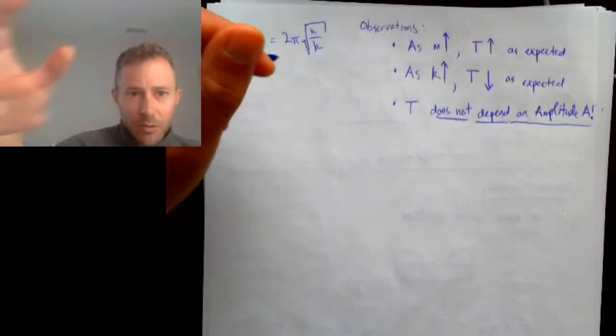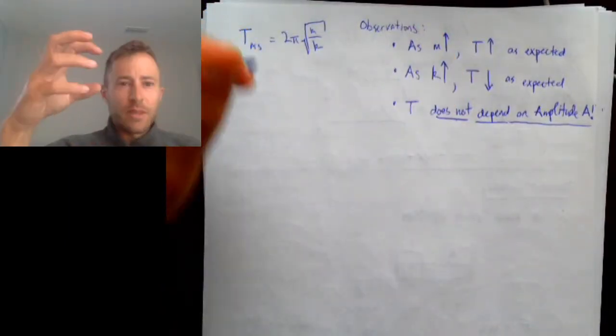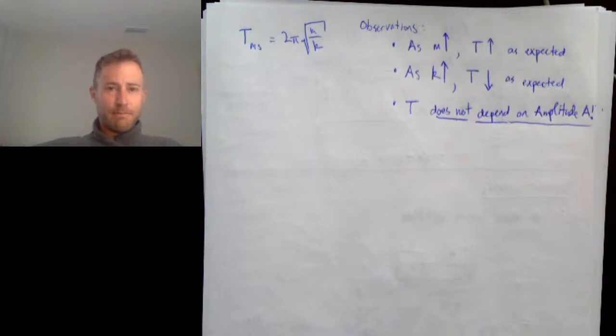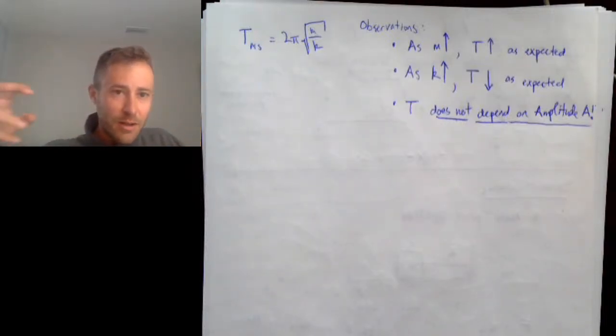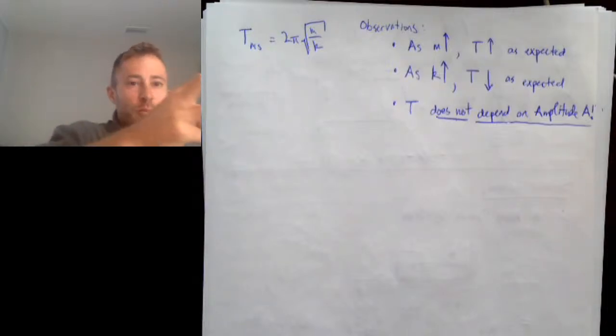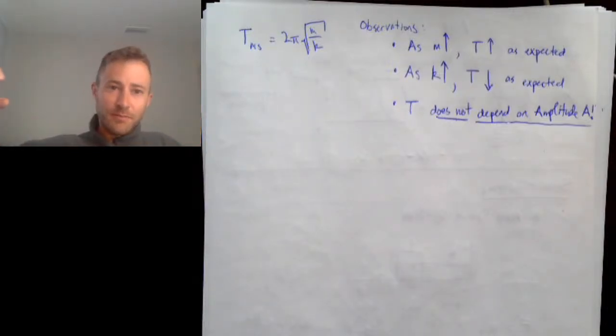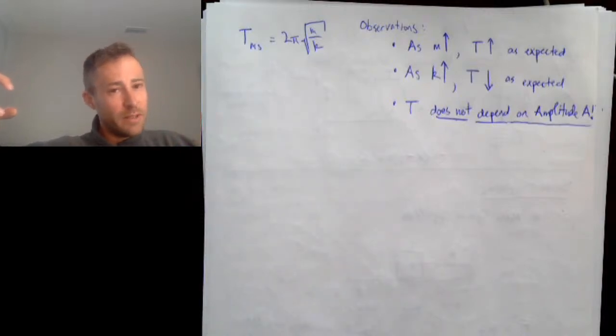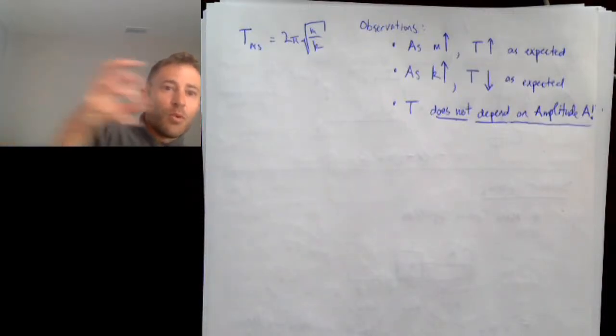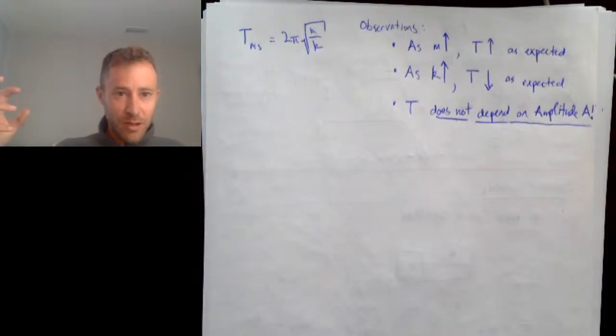And the reason is that if you pull the mass further back before releasing it, it has a longer distance to travel, okay? But the more we stretch it, there are greater forces involved, which means that it's going to build up more speed as it goes back and forth.